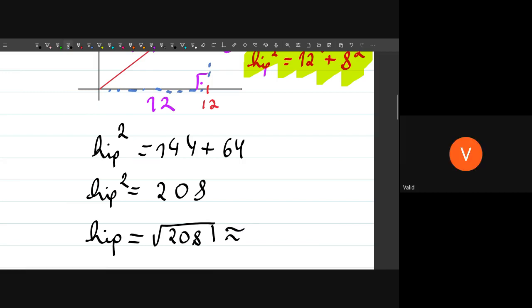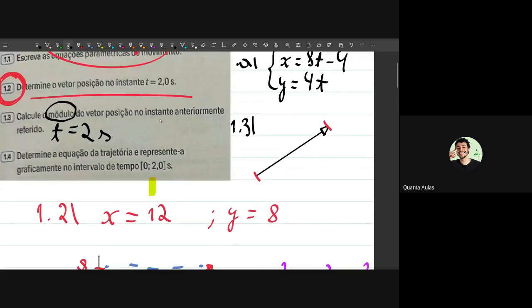It equals 4 square root 13. Ah, okay. So you factorize this number, or your calculator does this kind of calculation. It was 13, not 30. Ah, 13. Okay. Sorry. My English is bad, man. But you are a cool guy, so you understand me. Okay, please. Thanks.